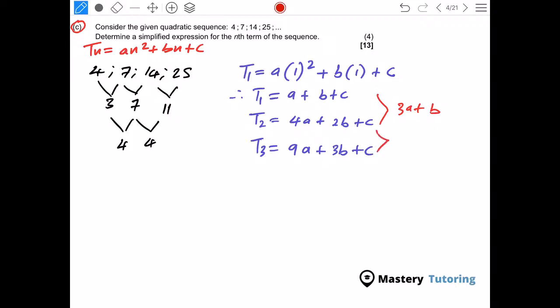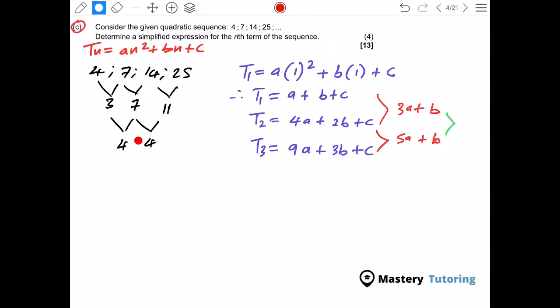And then you do the same thing for these 2 terms, term number 3 and term number 2. So 9A minus 4A gives you 5A, plus 3B minus 2B gives you B, and then C minus C is 0. So lastly, we're going to do the last part. We're getting the difference between these 2 terms now.